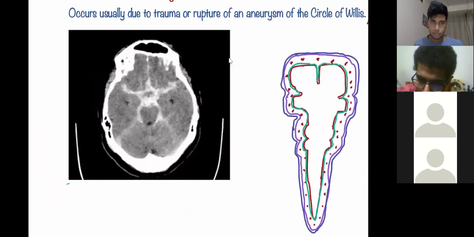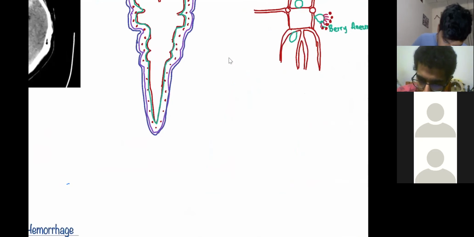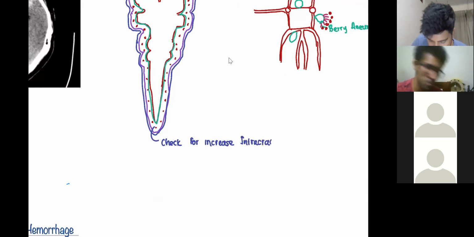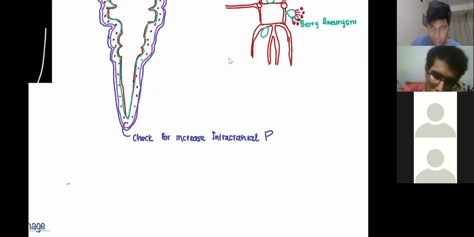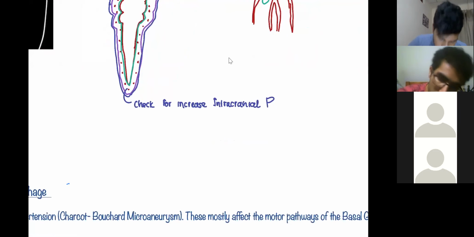If you do so, the first thing is to check for increased intracranial pressure, because it's bleeding and it is pushing everything to both sides.